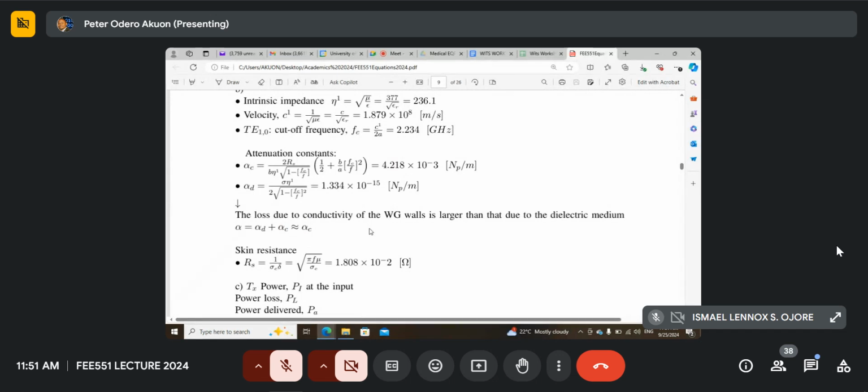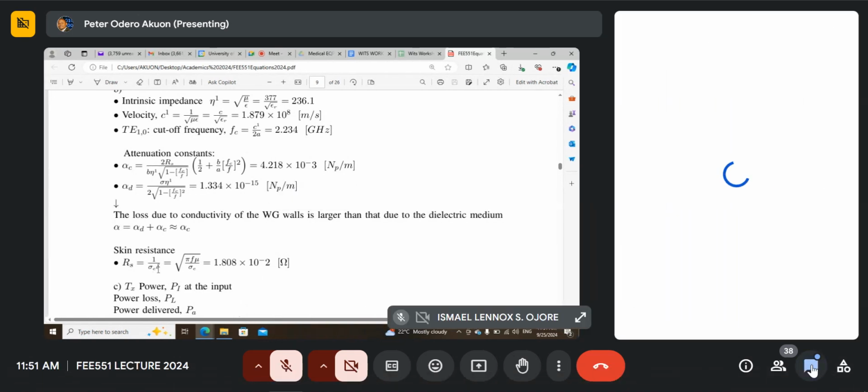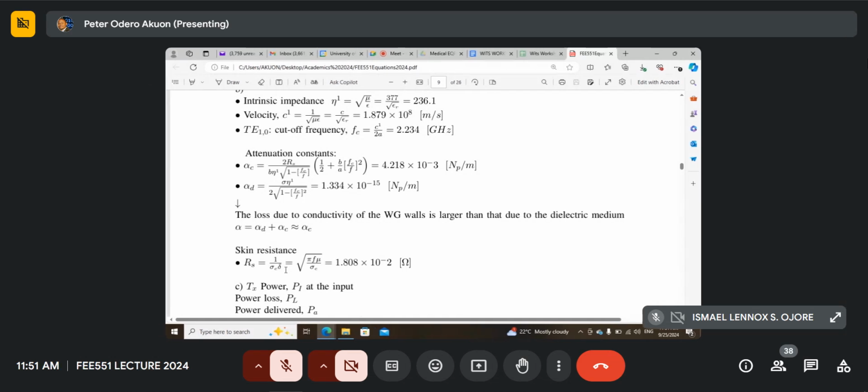So if you are given just the loss tangent, you can actually use it to determine whether it's going to be lossless or not. Now, the skin resistance is given also. Here we are using 1 over the conductivity times the skin depth. But because we are not given the skin depth, we can calculate it from the general formula.